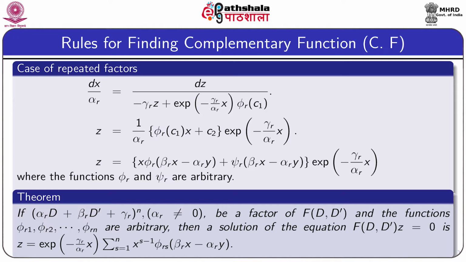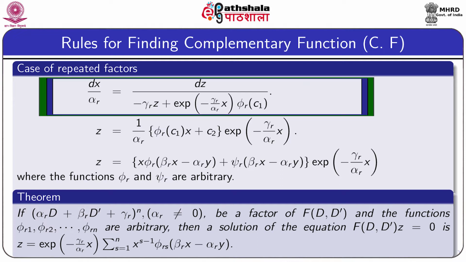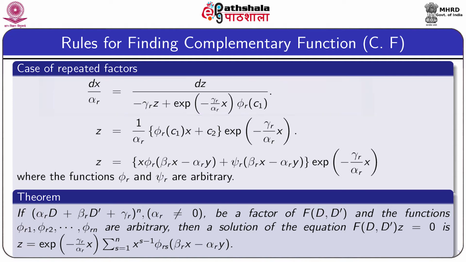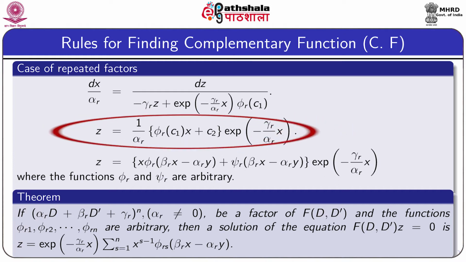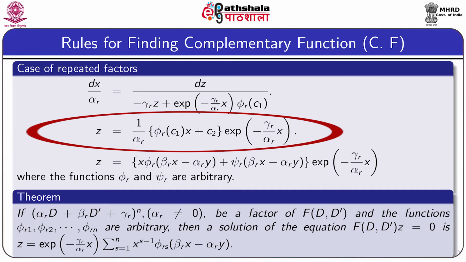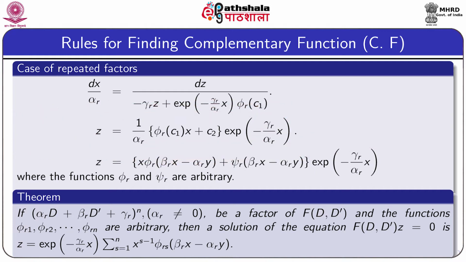Taking the first and last equations of the simultaneous equations, that means dx by alpha r equals dz by minus gamma r z plus exponential of minus gamma r by alpha r x into phi r of C1. Since C1 is a constant, this is an ordinary first order linear differential equation. One can solve this easily, and the solution is written here: z equals 1 by alpha r phi r of C1 x plus C2, into exponential of minus gamma r by alpha r into x.